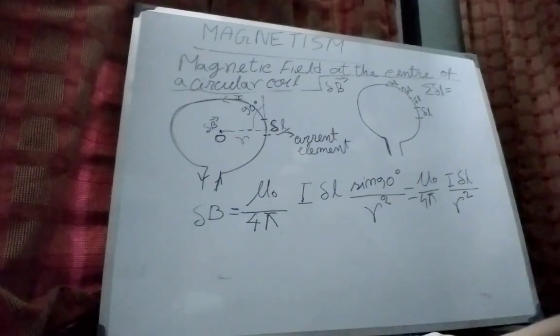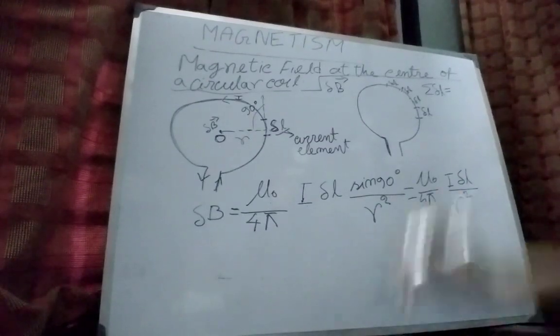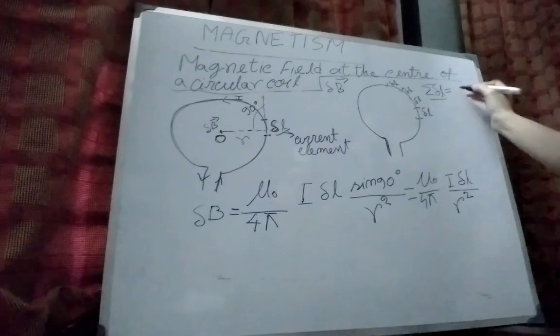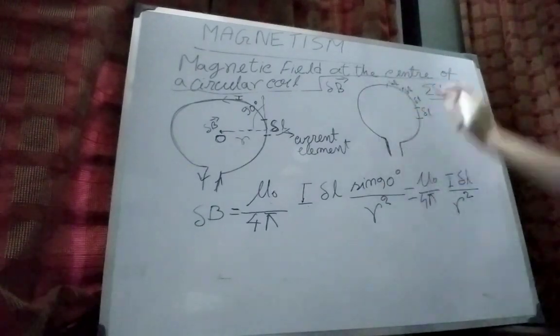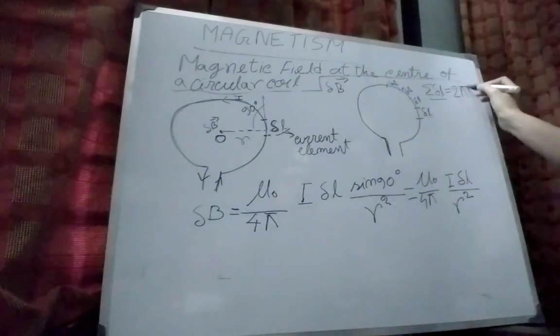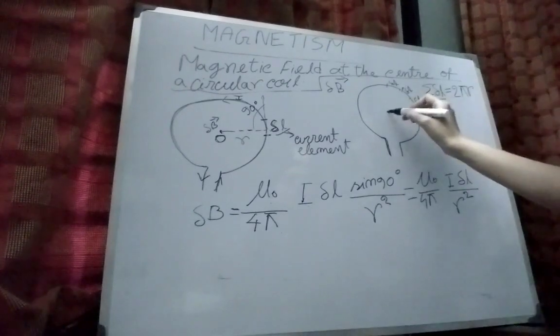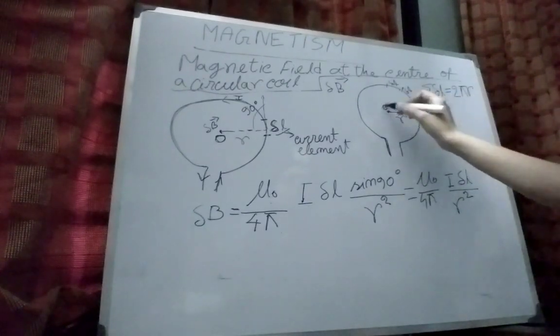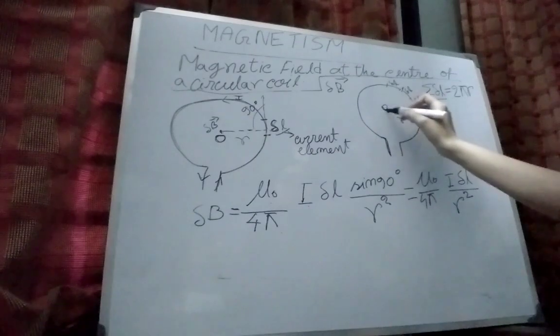So, what is the formula of the circumference of a circle? That is 2 pi r. So the summation of del L will actually give the circumference of this circular coil, which will be 2 pi r, where r is the radius of this circular coil.